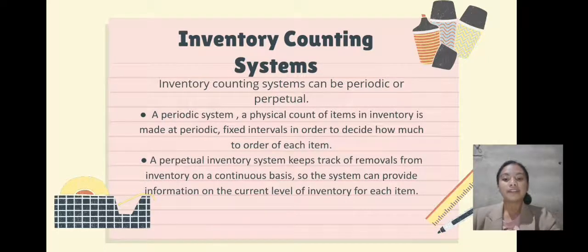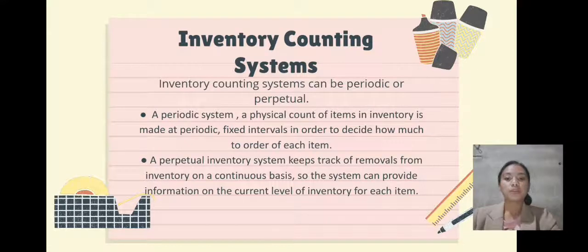One disadvantage of this approach is the added cost of record keeping. Moreover, a physical count of inventories must still be performed periodically to verify records because of possible errors, pilferage, spoilage, and other factors that can reduce the effective amount of inventory.